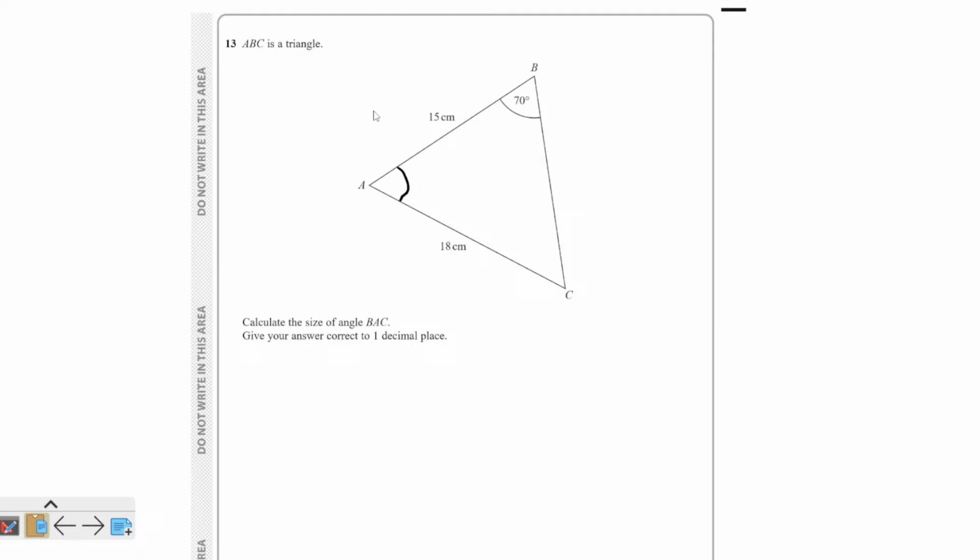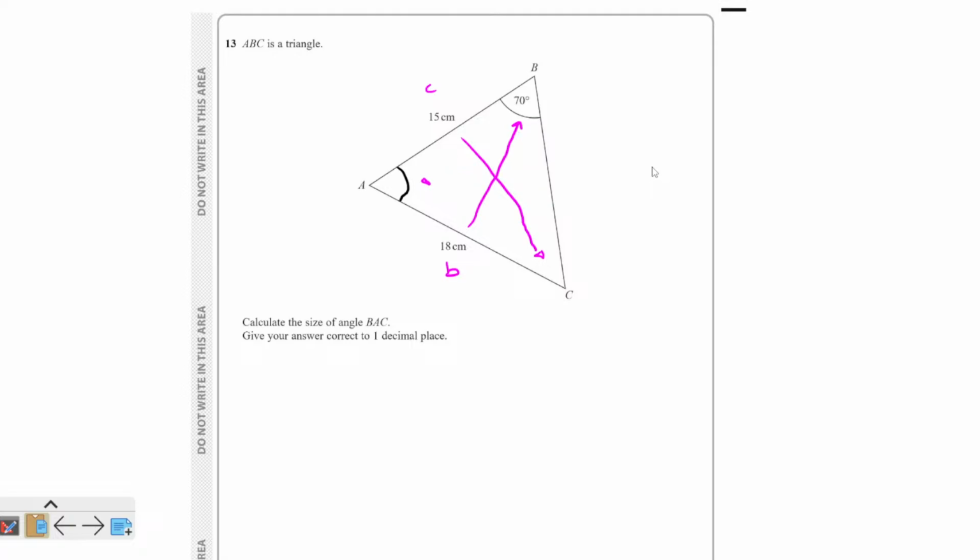However, the sine rule has to be pairs, doesn't it? So for example, 18 goes with the 70, doesn't it? That's side B because they're opposite. But do you see the problem that I have is that then 15 goes with an angle that I don't know. And also the angle I want to know is with a side I don't know. So I don't actually have 2 pairs yet.